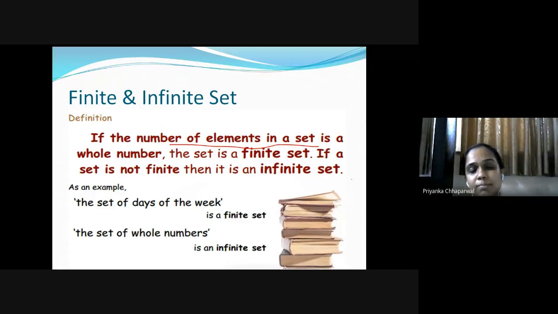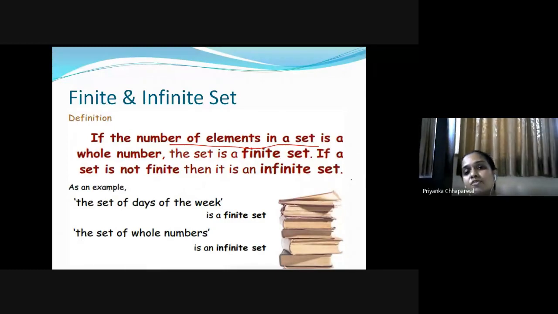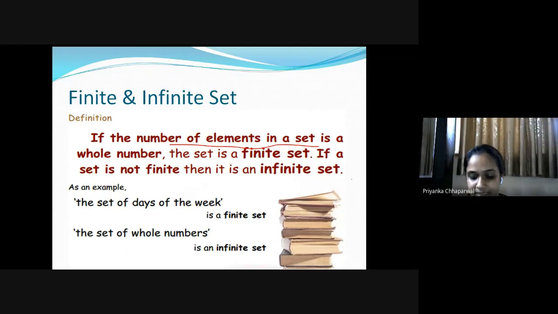You will say, ma'am, whole numbers are infinite, but infinite sets are also of two types: first is the countable infinite set and second is the uncountable infinite set. So if the number of elements is countable, then it is known as a finite set. If the number of elements is not countable, then it is known as an infinite set.